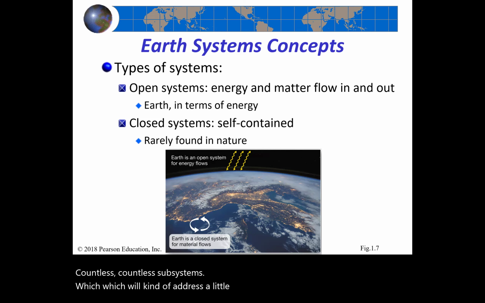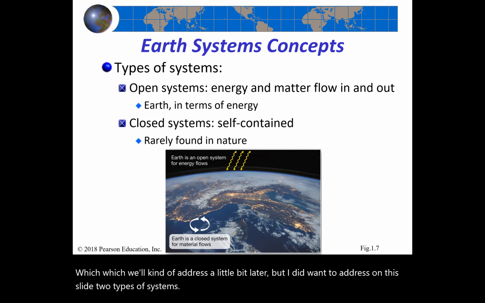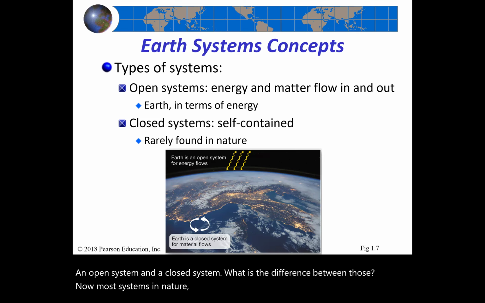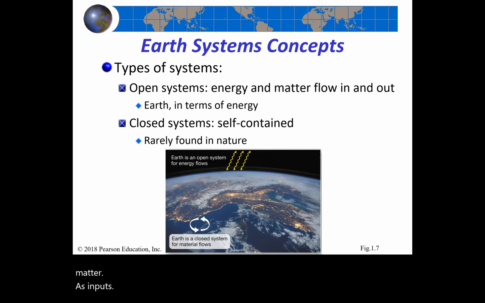But I did want to address on this slide two types of systems: an open system and a closed system. What is the difference between those? Now, most systems in nature are open systems. This means that energy and matter as inputs will flow into the system, and some conversions might occur, and then we have energy and matter outputs.